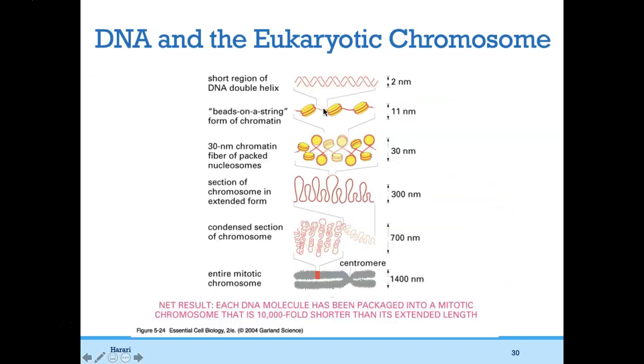So the DNA gets wrapped around histones like beads on a string, but then these continue to compact and compact and compact until you can basically get a mitotic chromosome, which is as condensed as you can be. And the DNA molecule is now 10,000 times shorter than its original length.